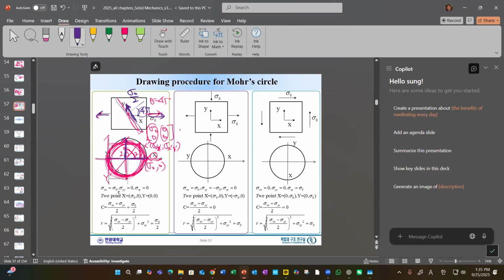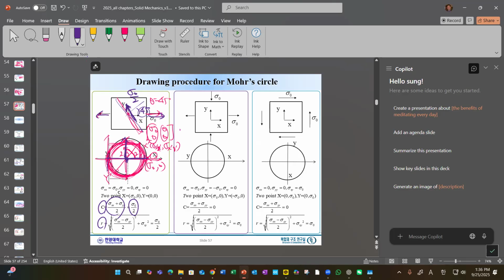And then let's get another one. Over here, this point, we call C, the center of the circle. And then simply from this equation, we can get sigma 0 divided by 2. And the radius R, you already have an equation.